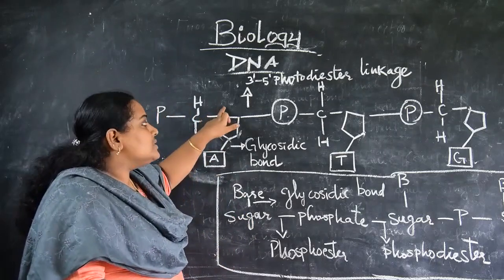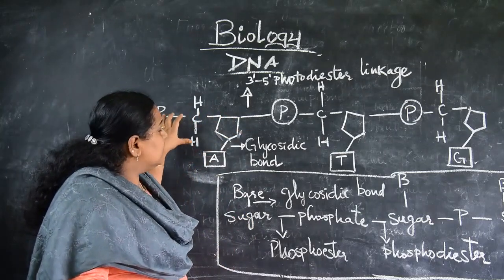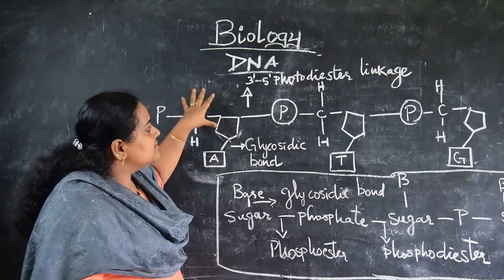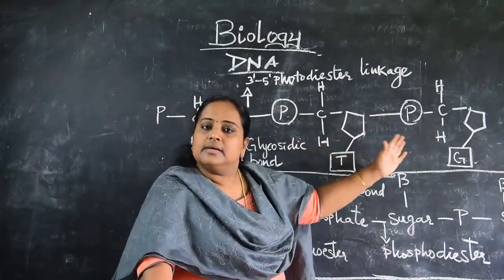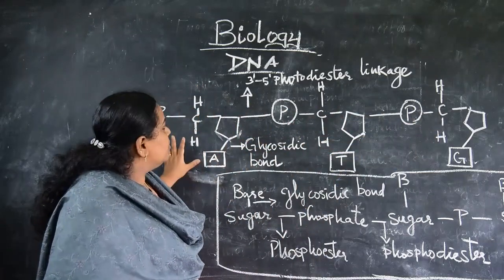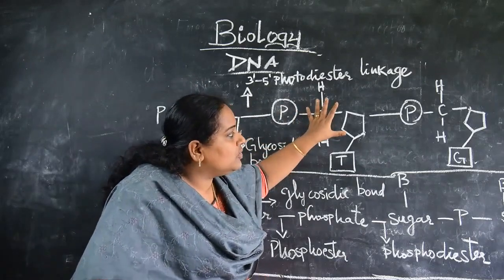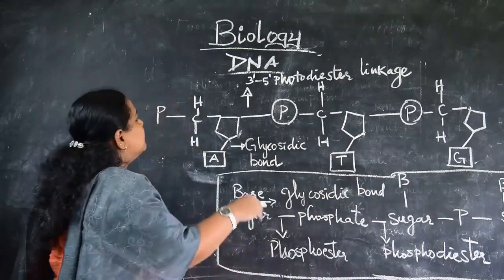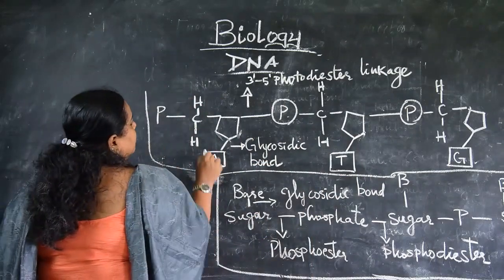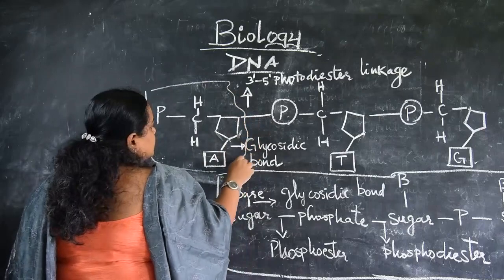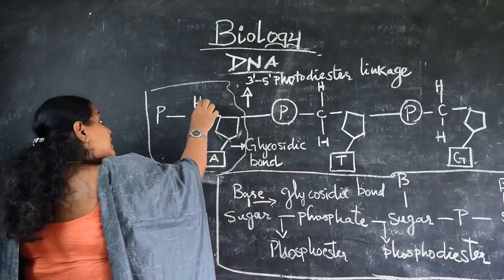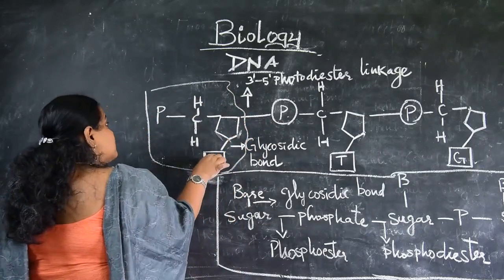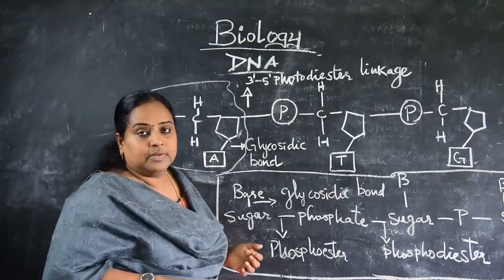So see here, this is the structure of a nucleotide. This is one nucleotide and this is another nucleotide. You will be able to see the three components: a pentose sugar, a nitrogen base and a phosphate group.